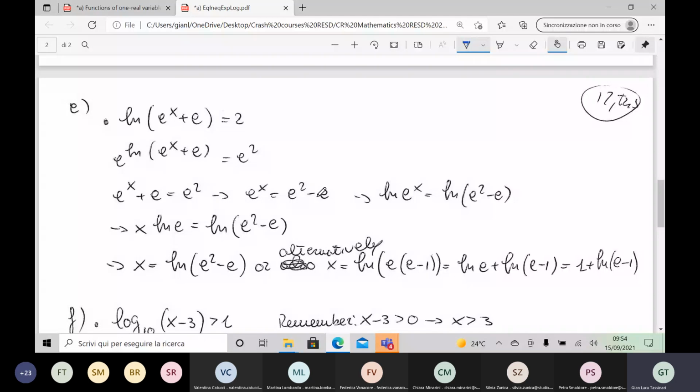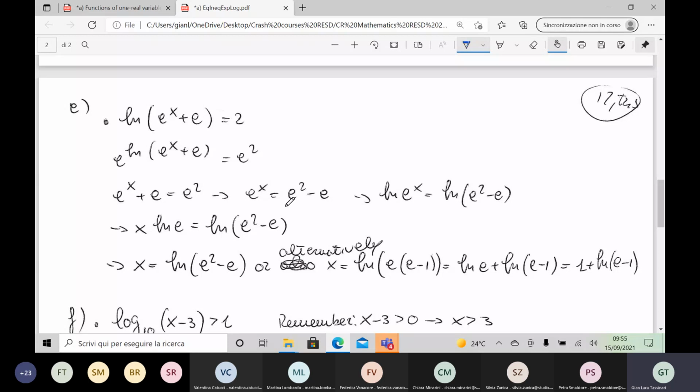Again, reason with me. The original equation was a logarithmic equation. Then, by doing this transformation, we deleted the logarithm, and now which kind of equation is this one? It's the equation of the first kind we studied today. It is an exponential equation because you have e to the power x.